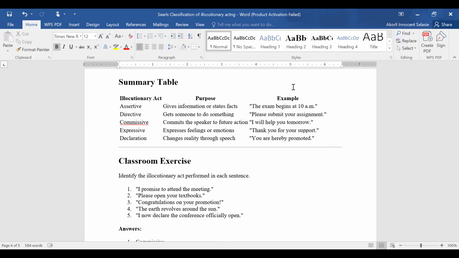Please submit your assignment. The commissive: commits the speaker to future actions. I will help you tomorrow. The expressive: expresses feelings or emotions. Thank you for your support. Declaration: changes reality through speech.